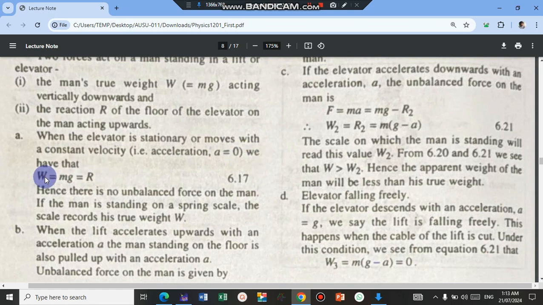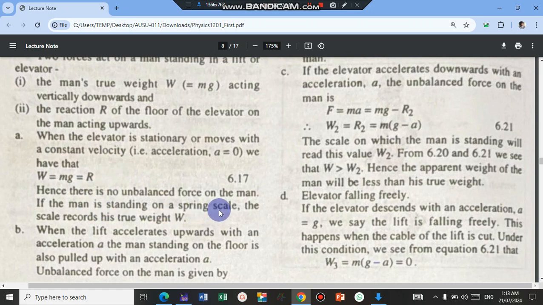Your weight acting downward, which we say is mg, will be equal to the reaction you feel on your feet from the floor of the elevator. Hence, there is no unbalanced force on the man, meaning the two forces are equal and opposite, they will cancel each other, and the resultant force on you will be 0.